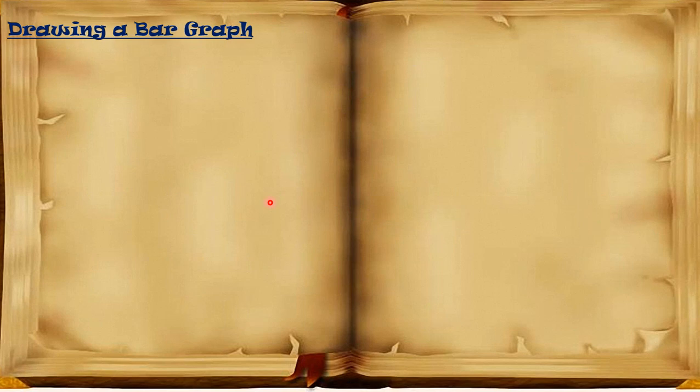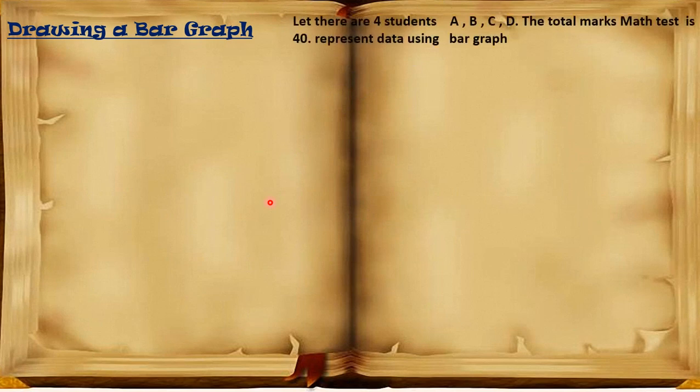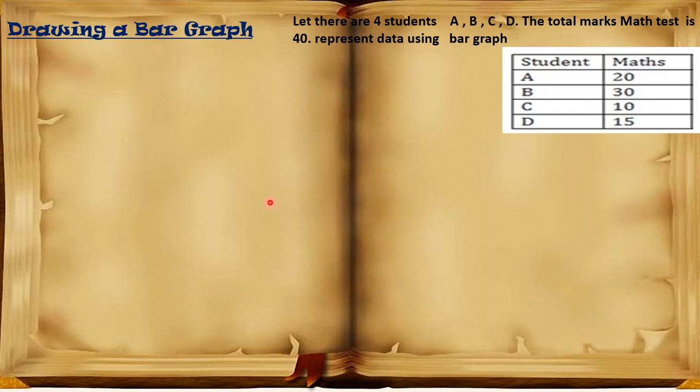So let's understand how to draw the bar graph. Here is an example: 4 students are there, and their maths test marks out of 40 are given by this table.